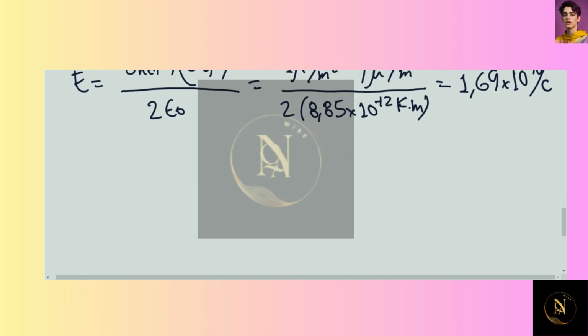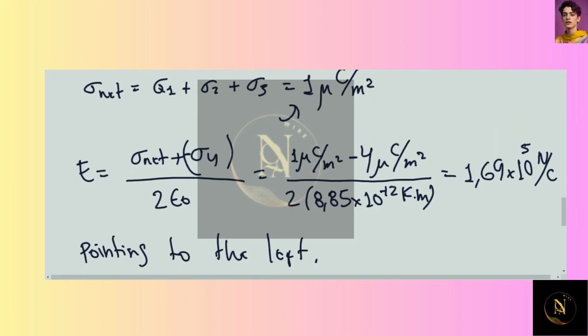And again, it is pointing to the left, because the resulting quantity of the surface charge density is negative, so the direction of the electric field is pointing to the left, to the negative.